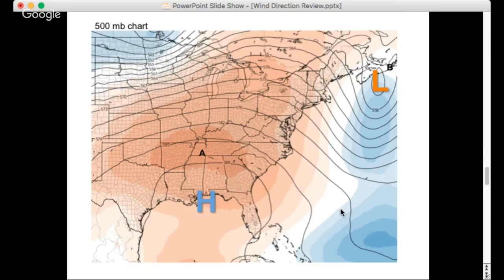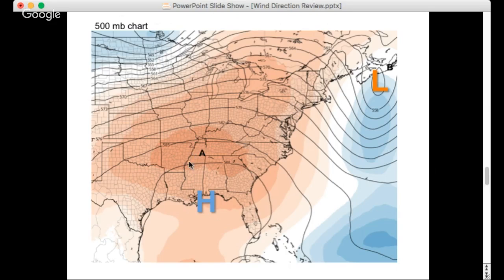All right, so here is an upper air 500 millibar chart for this week. Let's start out by finding the wind direction here at this location marked A. So what are the steps? We want to find the closest area of high or low pressure. We have this big ridge over the Gulf of Mexico, this high pressure.